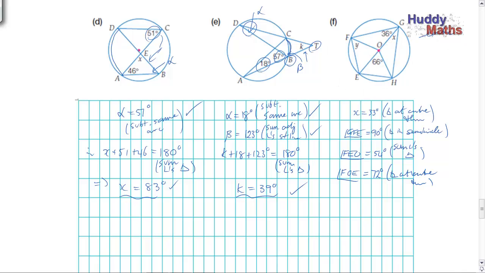We've just found this one, okay, and we've got FEO, this one, okay, and so we can find y. Y plus 54 plus 72 equals 180, sum angles of a triangle again. So y is 54 degrees.